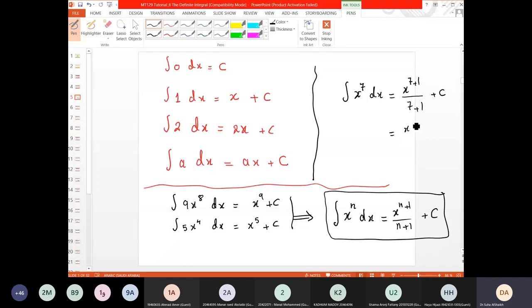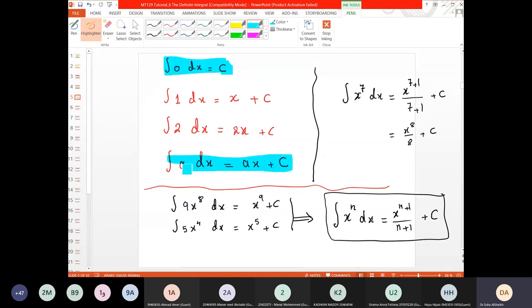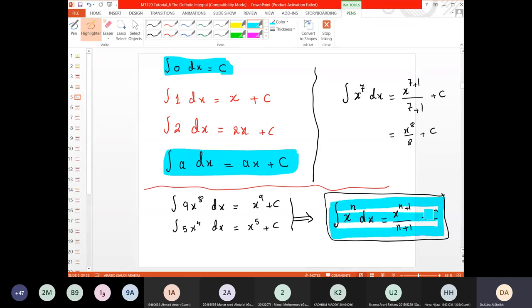So this will be x to the power 8 over 8 plus the integration constant c, and this is what we call the power rule. Now we have this as a basic rule, and this is a general and basic rule of the integration as well.